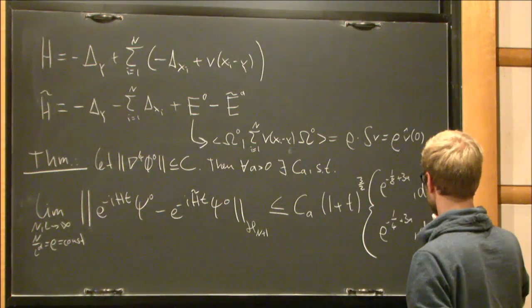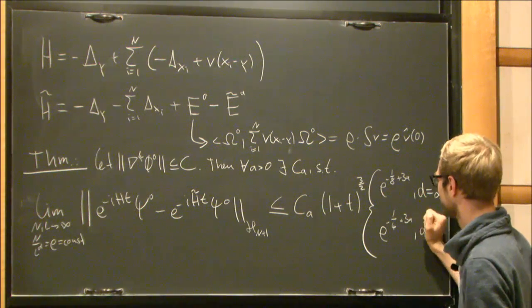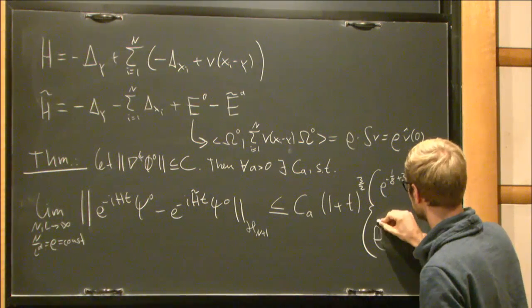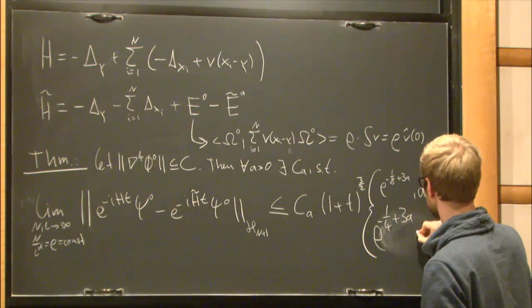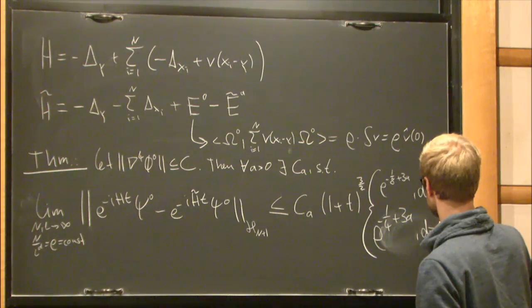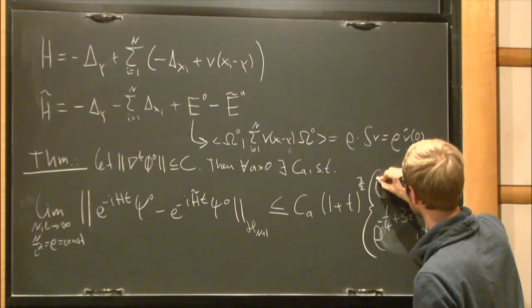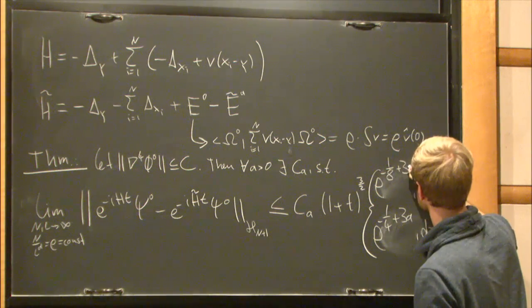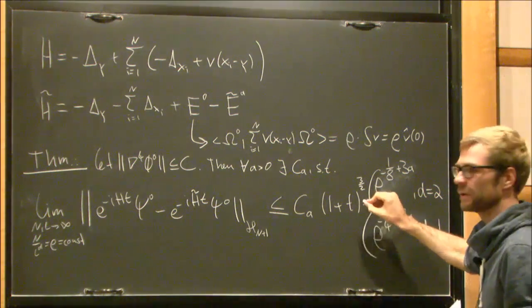Could you make that a little bit bigger? Okay, I'll write this bigger too. So this is rho to the minus 1/8 plus something very small in 2 dimensions, and rho to the minus 1/4 in 1 dimension.